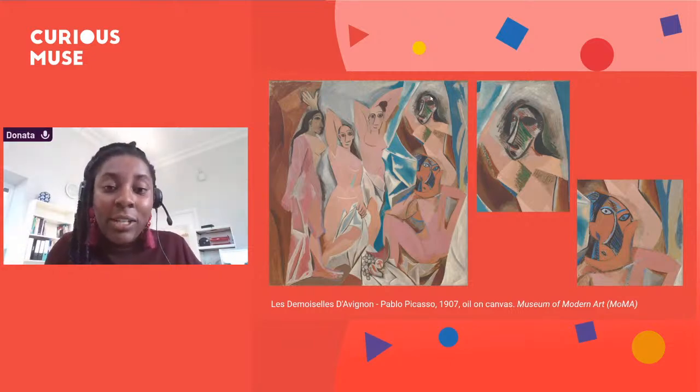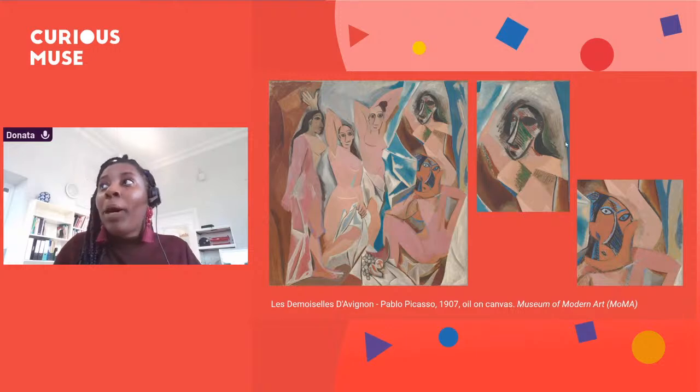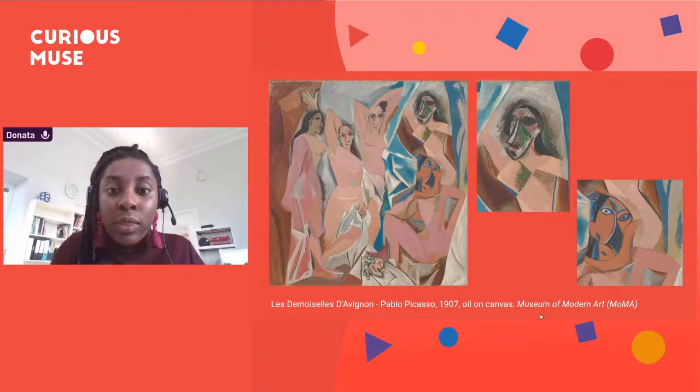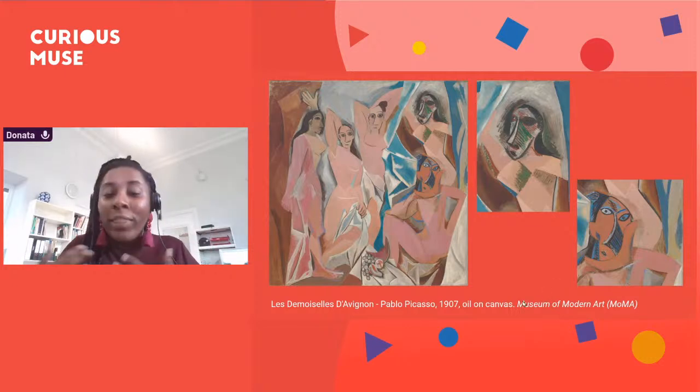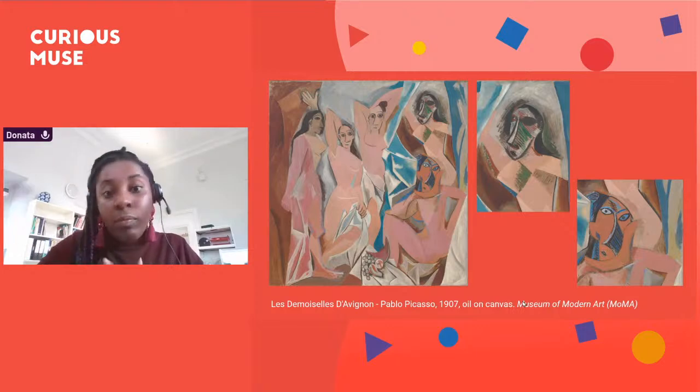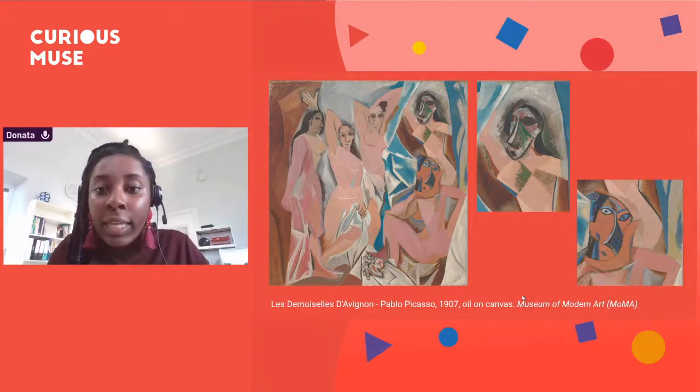So in the end, that turned to a fifth woman. But here we can see these African mask influences, and also this is known as one of Picasso's pioneering Cubist paintings, one that inspired him to pioneer Cubism and create more work in that same way.